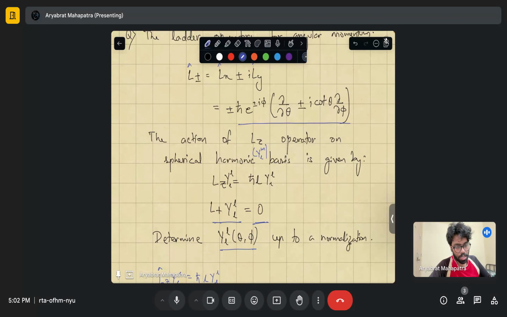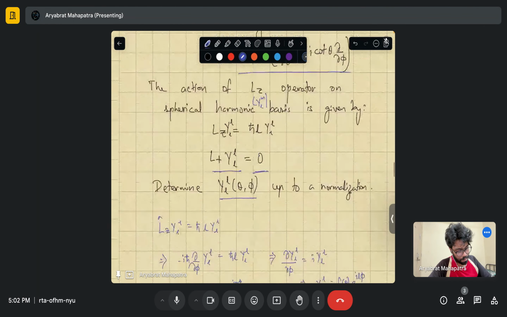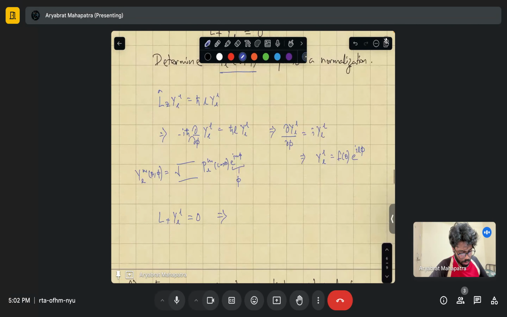So using this L plus, we can show e to the power i phi times del by del theta plus i cot theta del by del phi, acting on f of theta e to the power iL phi.